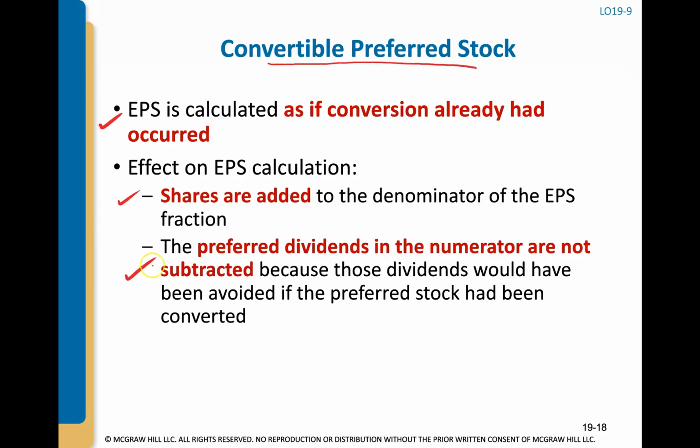And then in our numerator, any preferred dividends that were previously taken into account no longer need to be subtracted, because our numerator is net income minus preferred dividends. And so now, if those preferred shares are converted to common, there are no preferred dividends, and we have to add them back. If we had any subtraction for preferred dividends, we have to reverse that in our numerator.